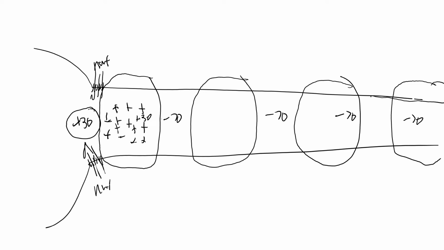So the signal can stay at more or less positive 30 millivolts the entire distance that it travels down the axon that is wrapped in myelin sheath, because it prevents the loss of those positively charged potassium ions, and thus prevents the interior from becoming more negative, so that the interior can stay more or less at positive 30 millivolts and continue to travel down the axon.